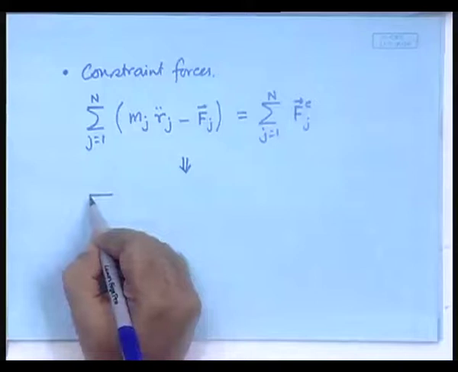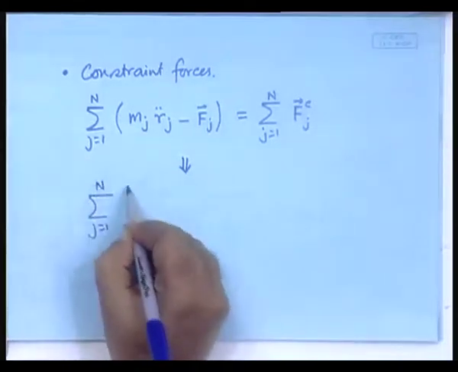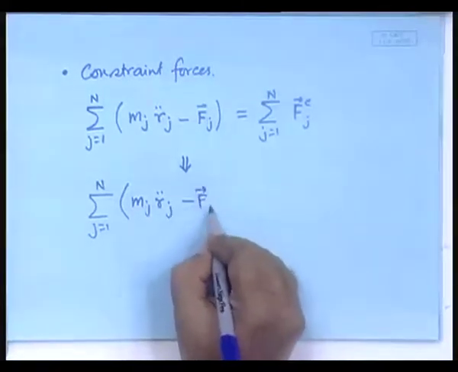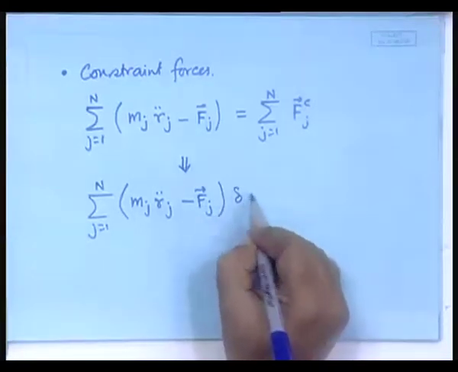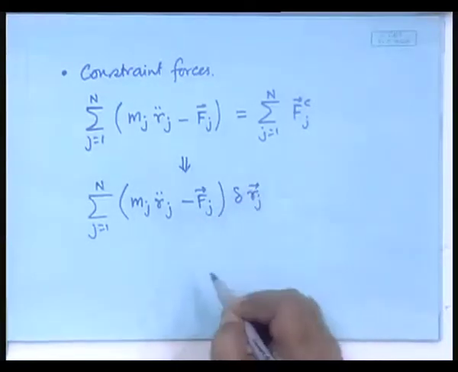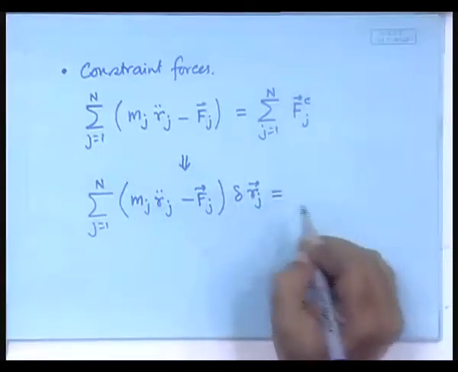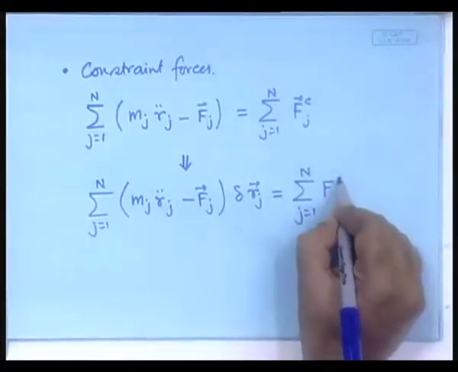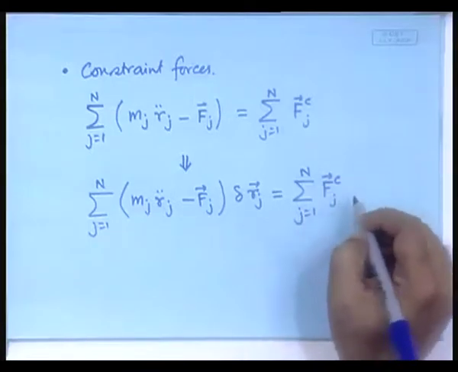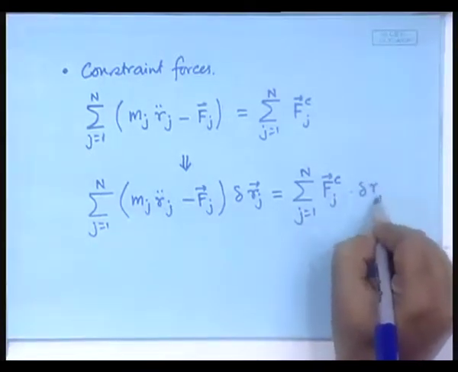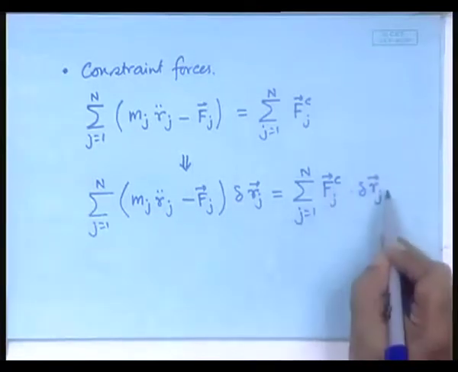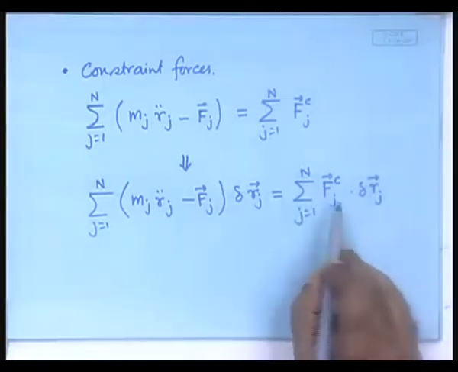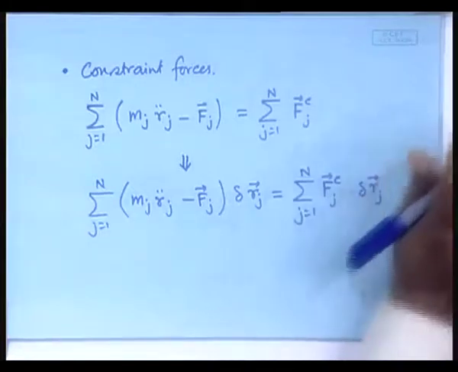Thereby we got this, this is a vector, equal to, again the right hand side is the sum over j equal to 1 to n of f_c, this is a vector j, times, now this term will obviously vanish, because for each of these n bodies the constraint force times the admissible motion is 0.